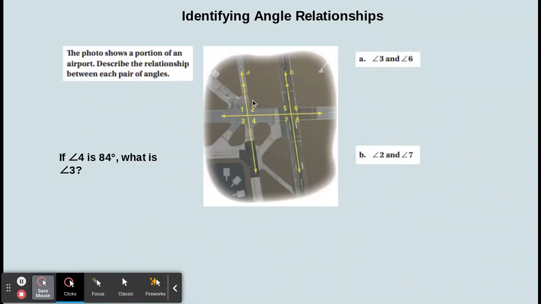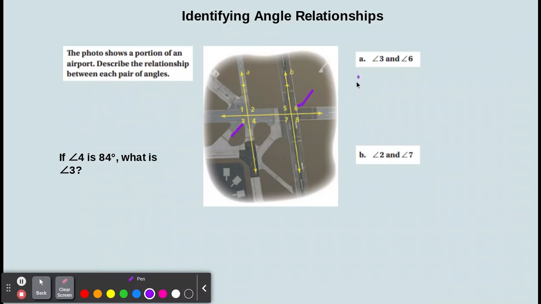So we can use our knowledge of lines and angles to identify angle relationships. Here we have a picture of a map, and there are 8 different angles. Now, the relationship between angle 3 and angle 6, well, here is angle 3, and here is angle 6.